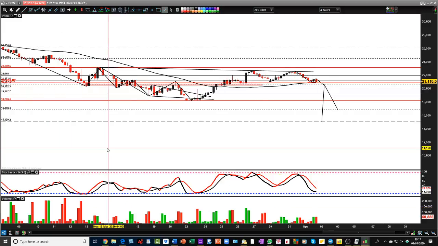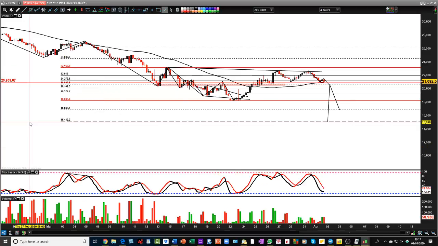Okay, so this virus is really sort of locking up the global economy. Well, it's locked up the global economy. The problem now is that the reason why we're getting a new leg to the downside is because the US is seeing an escalation in cases.